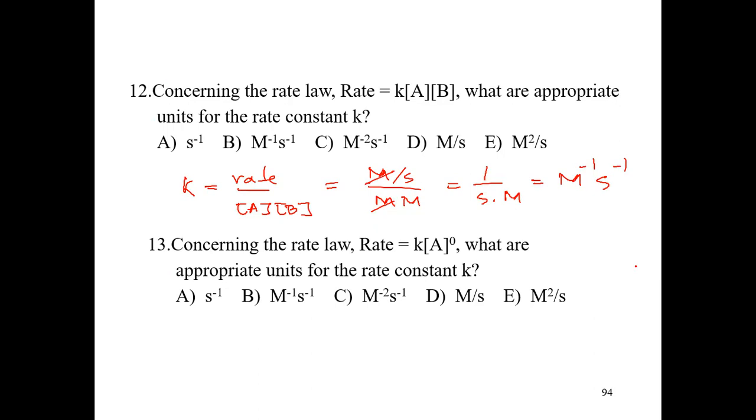Jamila, ang sagot. A, second minus 1; B, molarity minus 1 second minus 1; C, molarity minus 2 second minus 1; D, molarity per second; E, molarity squared per second. Anong letter?